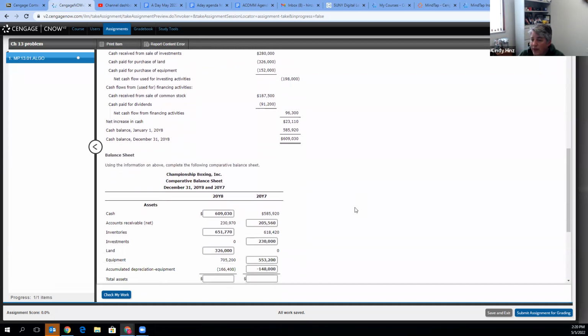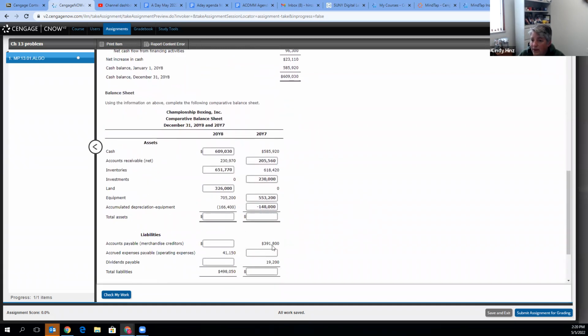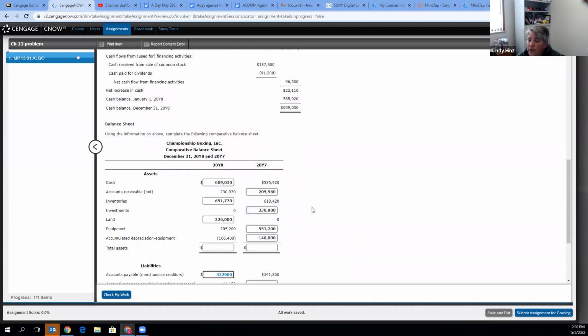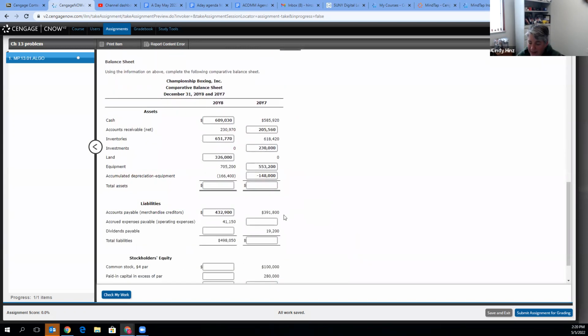So since we have the beginning balance of $391,800, and we know there was an increase, we just need to add that increase to get the ending balance. So it was $41,100 in addition to what we already owed at the beginning of the year.